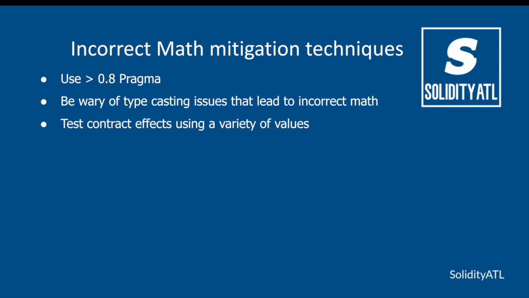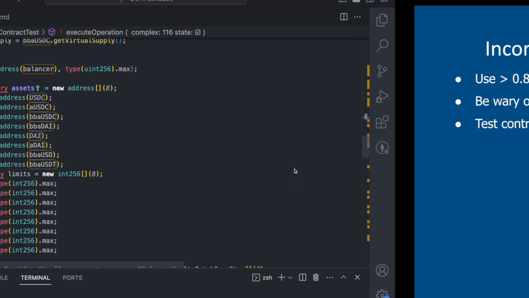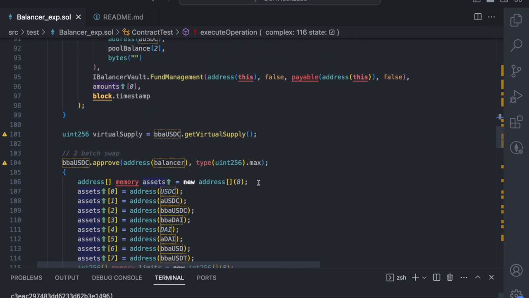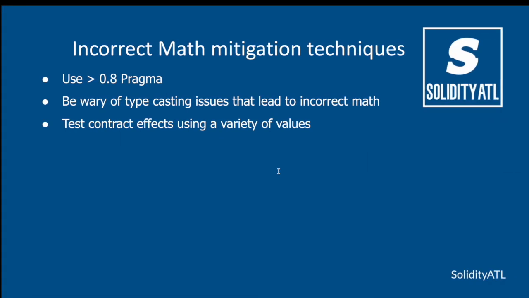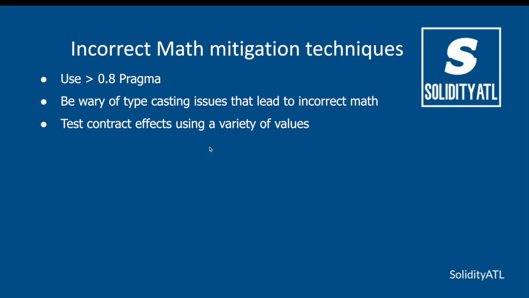They probably tested for whales interacting with their contract, but maybe they didn't anticipate what would happen if someone took a huge flash loan out and swapped a few tokens. Would that affect various rates within the protocol? Would that affect any other users? This is where testing plays a really important role in the safety of your protocol.